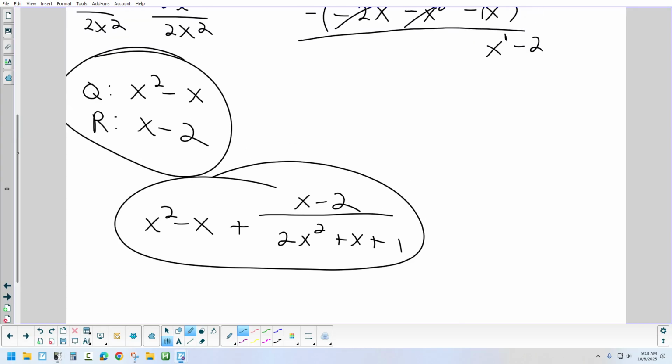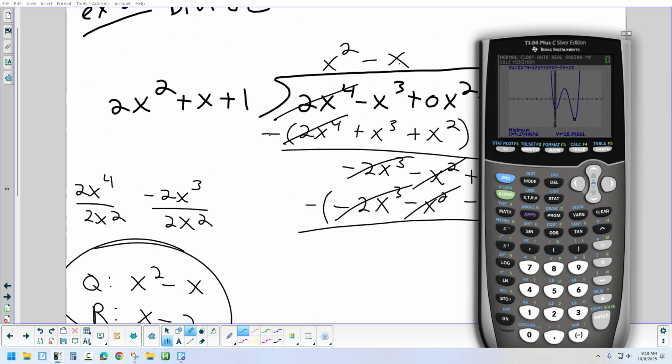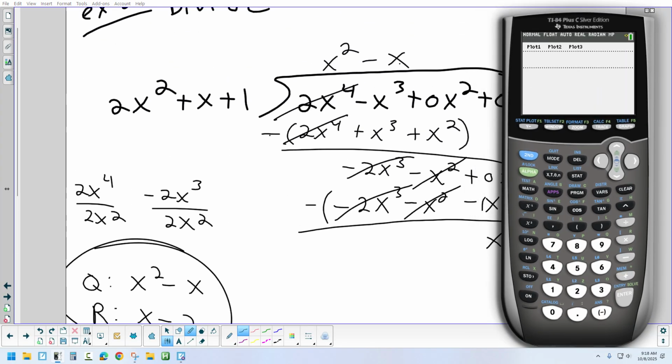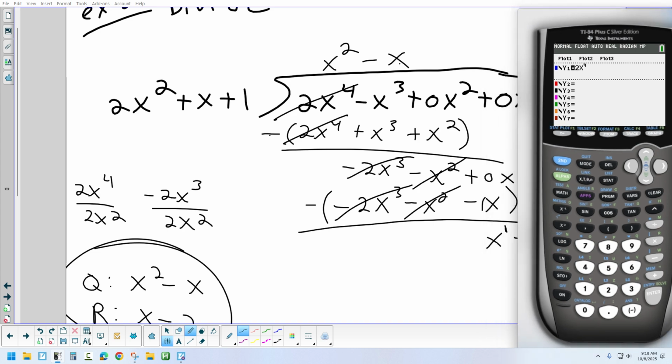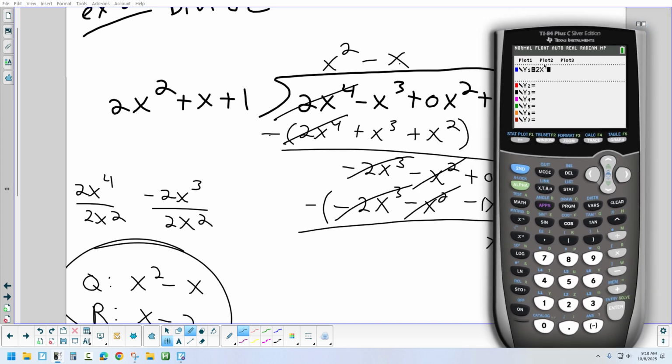If I type in the original problem on the calculator, okay, 2x to the fourth minus x cubed. And you know what, I'm going to put this in parentheses.